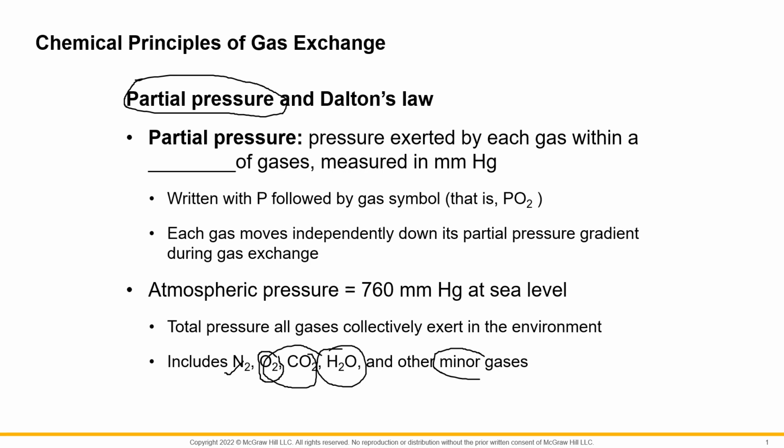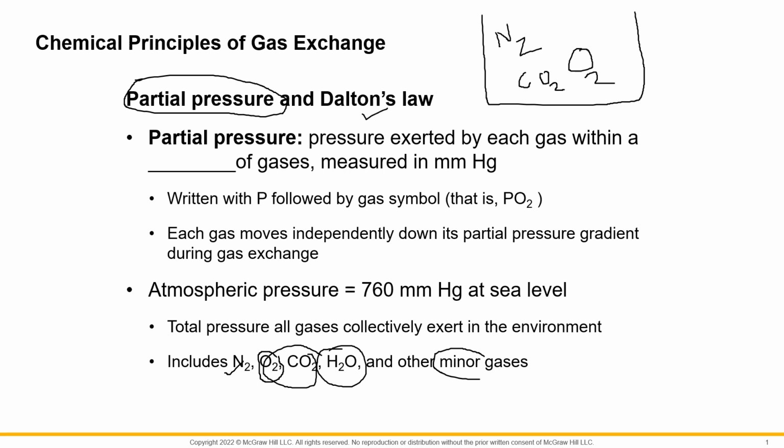This basically says that if you have a container with a mixture of gases, not just oxygen gas, but say we have nitrogen gas, which is N2, and oxygen gas, and carbon dioxide in here. This is a mixture of 3 gases.